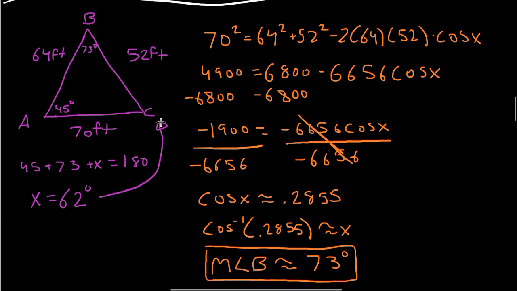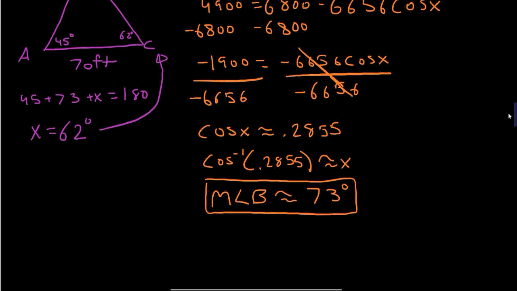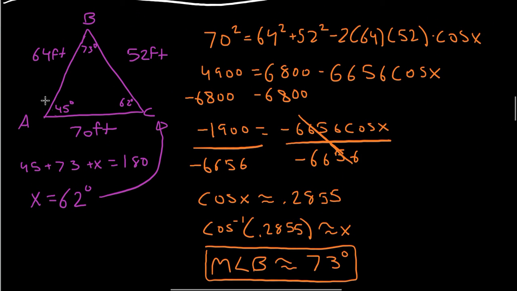Okay, if we go back up to our question, it asks us, to the nearest degree, what is the measure of the largest interior angle? So we go back to our measures and look at the largest angle, which is the measure of angle B, 73 degrees.